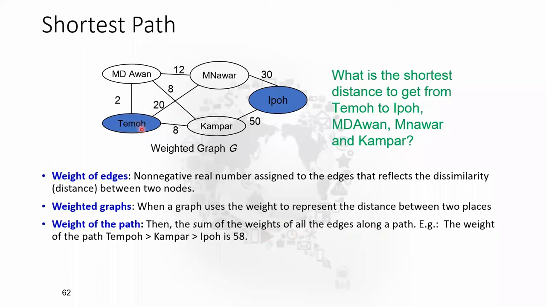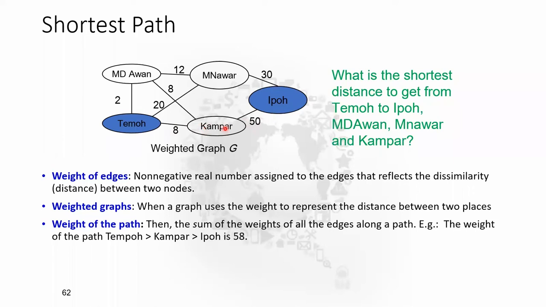So let's say you want to go from Thermo to Ipoh. What is the weight of the path? You have to add Thermo to Kampar, where this 8 represents the distance, and Kampar to Ipoh, 50.